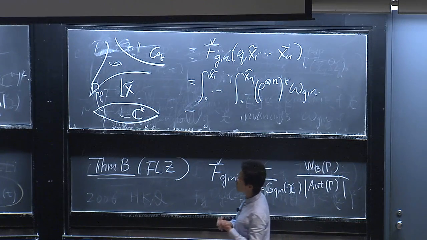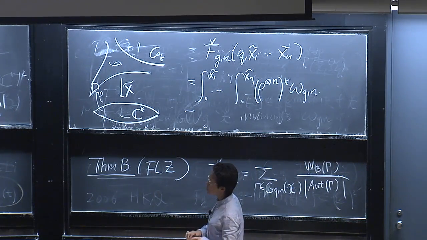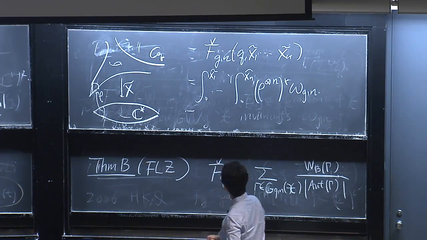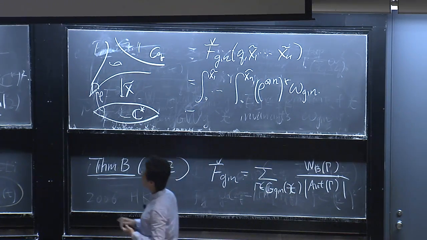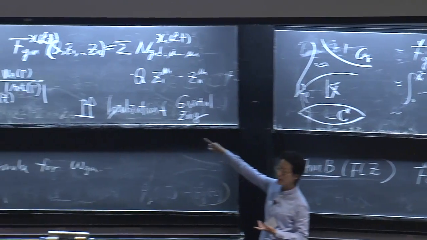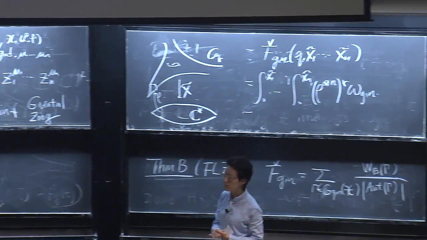So now to prove this all-genus mirror symmetry predicted by BKMP, it remains to show that for each graph gamma, W_A is equal to W_B.